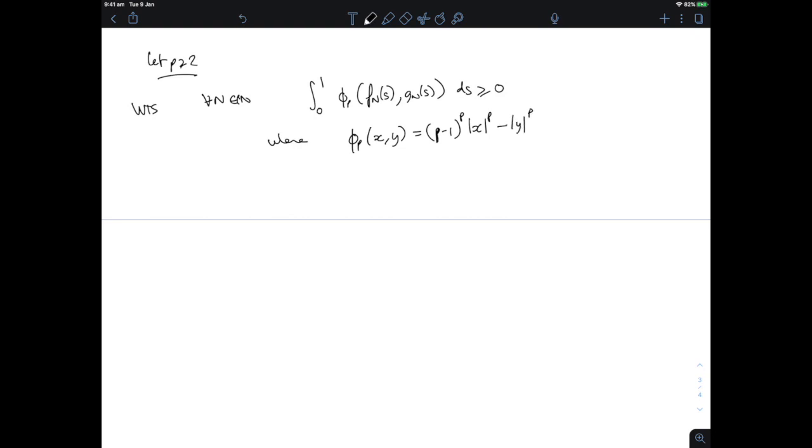If that's non-negative, then I can bring the gn to the p to the right-hand side, and it is smaller than p minus 1 to the p times the integral of fn to the p. Okay, for all x, y in R. So this is what we want to show, just slightly rewritten, and there are many ways to show that.